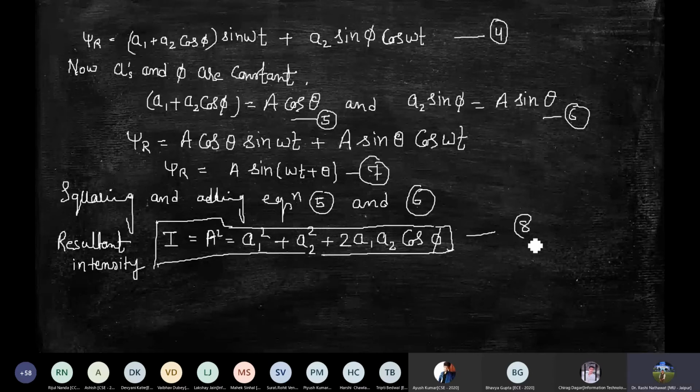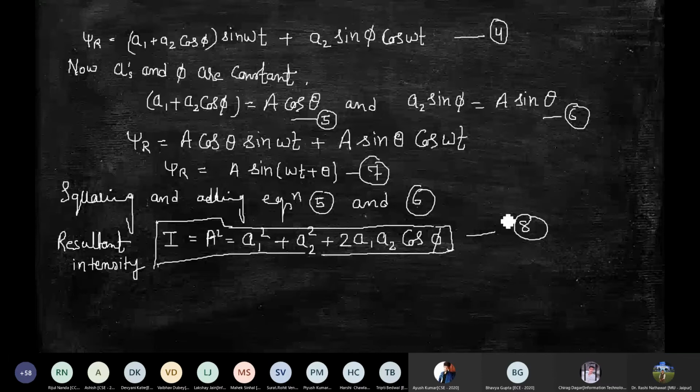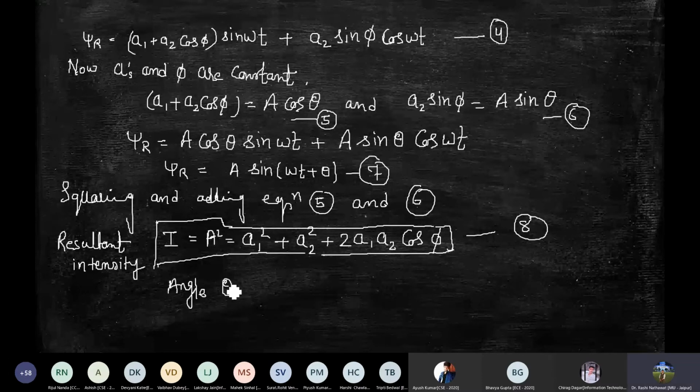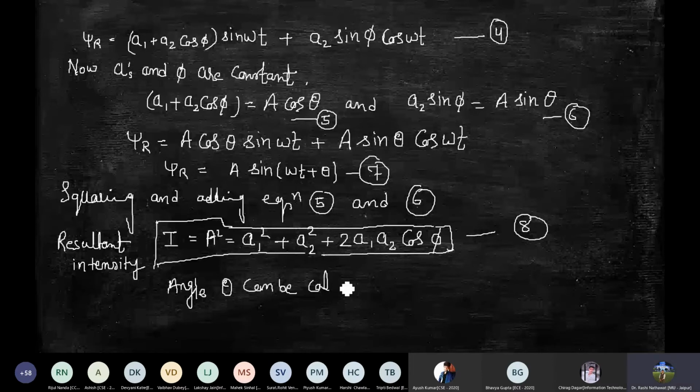This is my equation number 8. Now, if I want to calculate the theta angle, from which equations can we calculate angle theta?